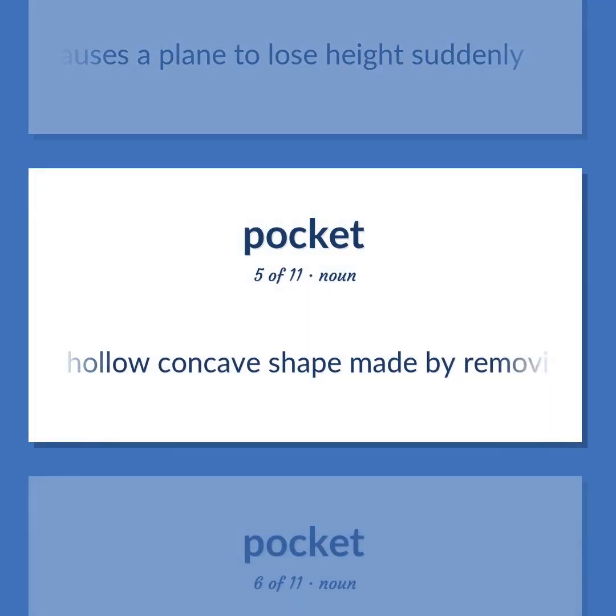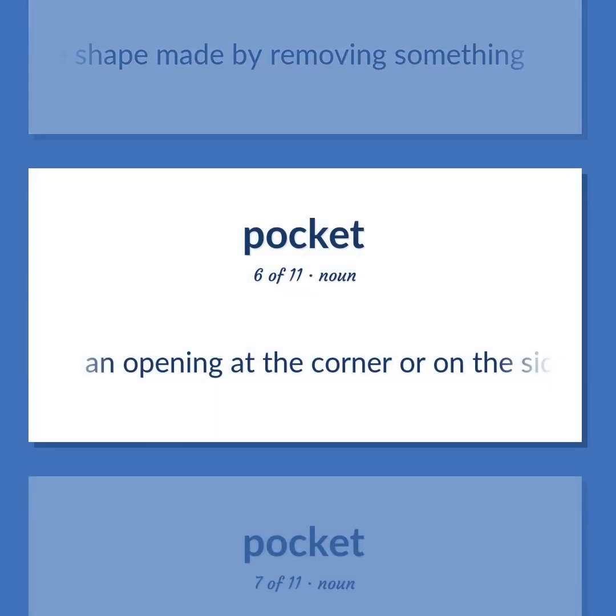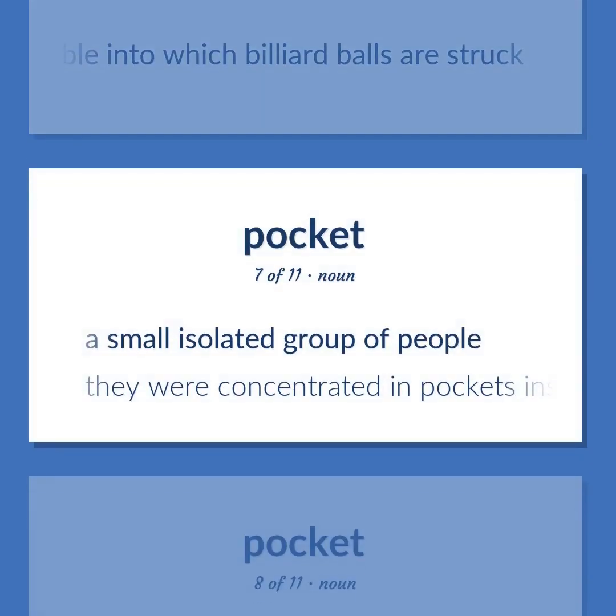A hollow concave shape made by removing something. An opening at the corner or on the side of a billiard table into which billiard balls are struck. A small isolated group of people. They were concentrated in pockets inside the city.